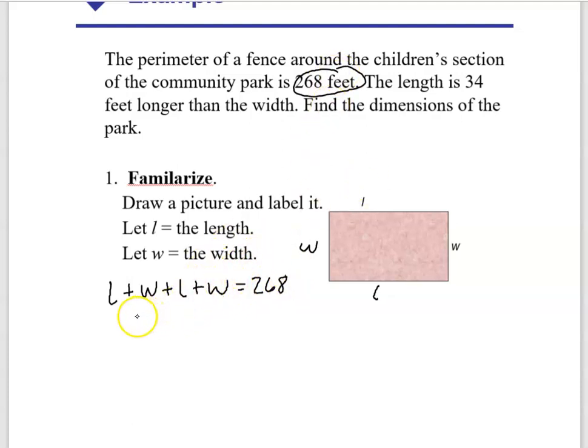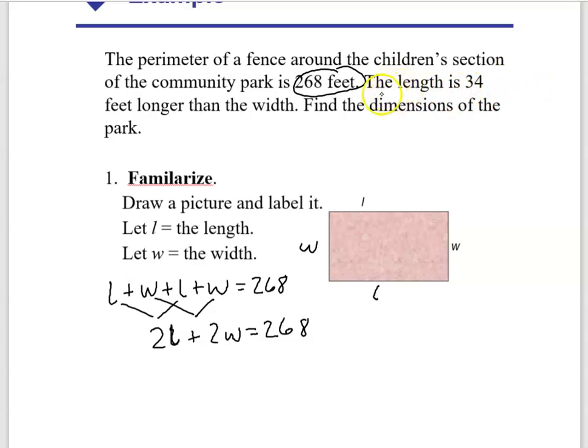Okay, so I could combine like terms here and say 2 lengths plus 2 widths is equal to 268. I'm trying to put a little tail on that L so it doesn't look like a 1. Then the other thing, we're solving a system of equations, so we need another equation.